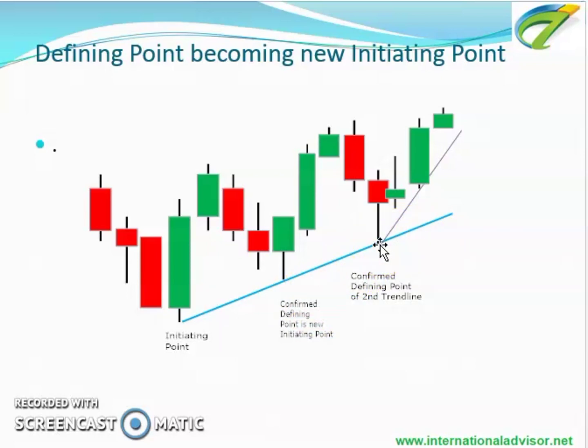So now, if we have to redraw a small line, we will use this point to further draw the line like this. So this is the confirmed defining point of the second trend line. So the second trend line will start from this, and this will become the initiating point of this short trend line.